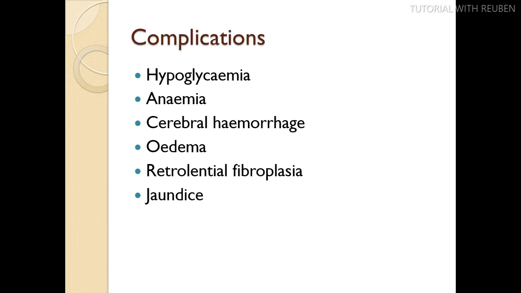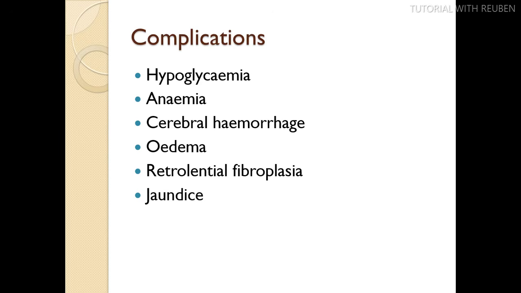Another complication that can come about due to prematurity is jaundice. Jaundice is due to immature liver, which leads to failure of conjugation of bilirubin, which accumulates in the bloodstream. Infection is another complication of prematurity.